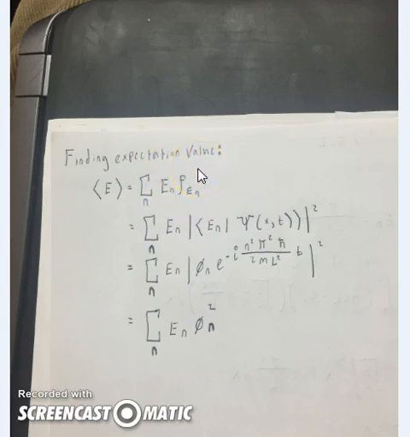But to find the probability of measuring each energy, we need to take the modulus squared of the inner product of our nth energy eigenstate with our time evolved state, and then that is right here.